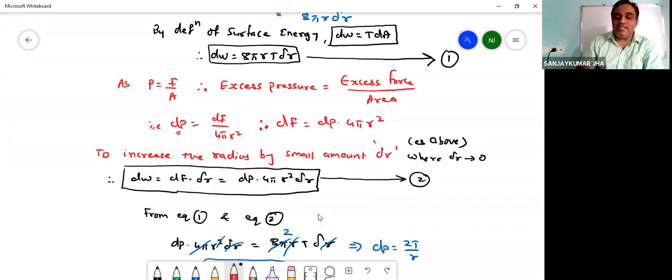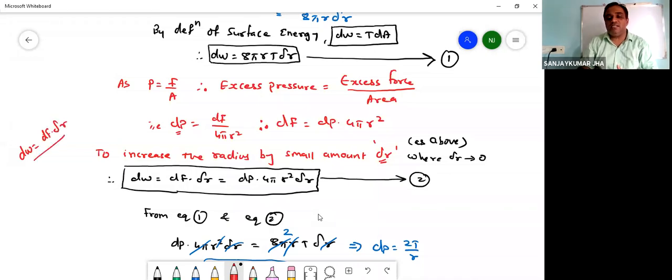Now, to increase the radius by the same amount delta r as before, the mechanical work done is force into displacement, dW is equal to dF into delta r.